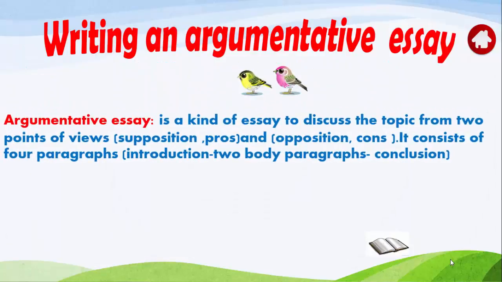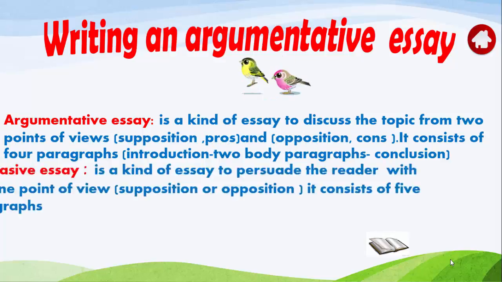This is an argumentative essay. It's a kind of essay to discuss the topic from 2 points of view: supposition, which means pros, and opposition, which means cons. It consists of 4 paragraphs: introduction, 2 body paragraphs, and conclusion.